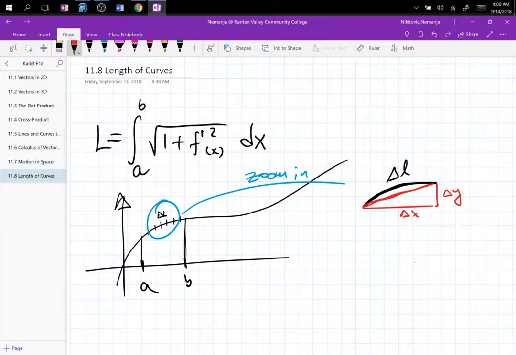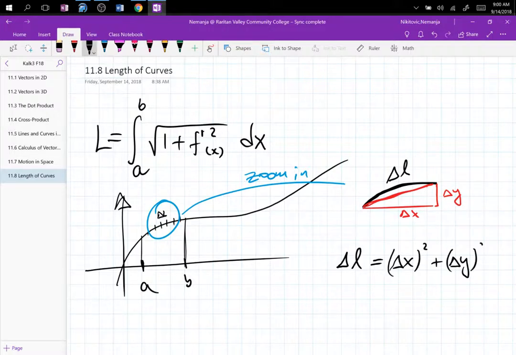You write the simple Pythagorean theorem. Delta L is equal to the square root of delta x squared plus delta y squared. Well, let's put the parentheses. And we need a square root, right? Because delta L needs to be squared as well. We do not have to put plus minus because the lengths are always positive.